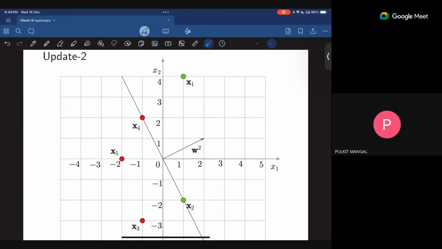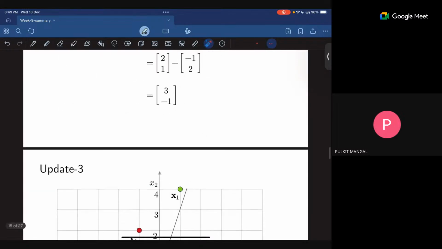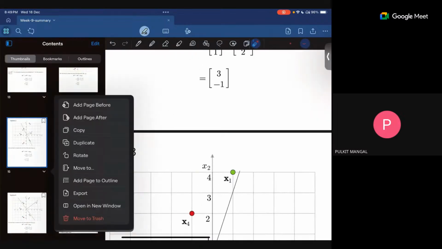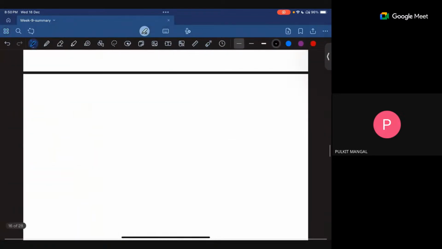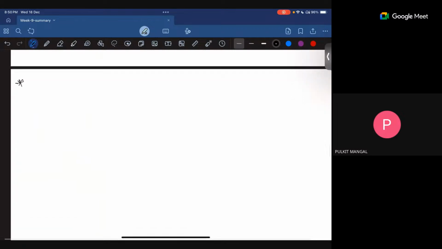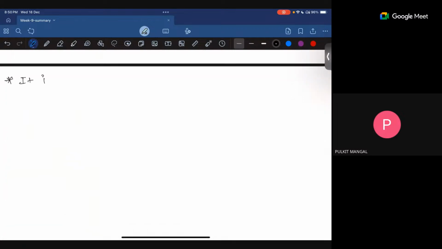One point I will write: it is not necessary in perceptron that after each iteration the number of mistakes will reduce.